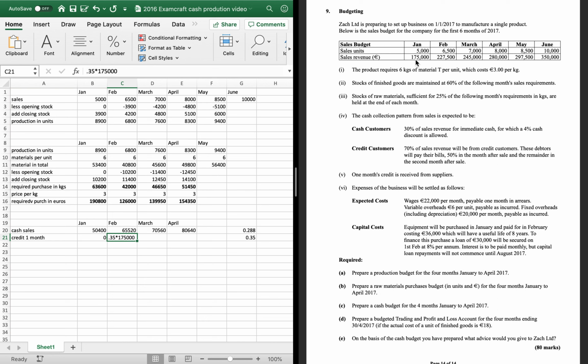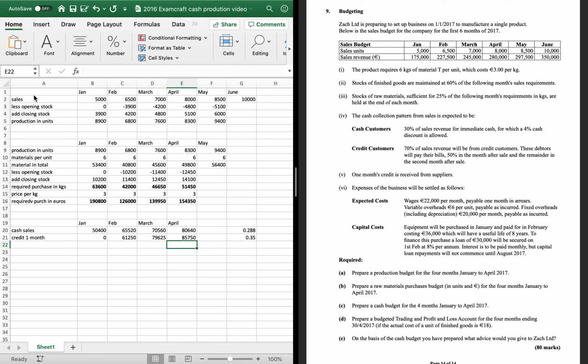There's no discount involved there, I don't think. I didn't actually read on. Yeah, there's not. So 35% of February's 227,500 gets collected in March, and 35% of March's 245,000 gets collected in April.